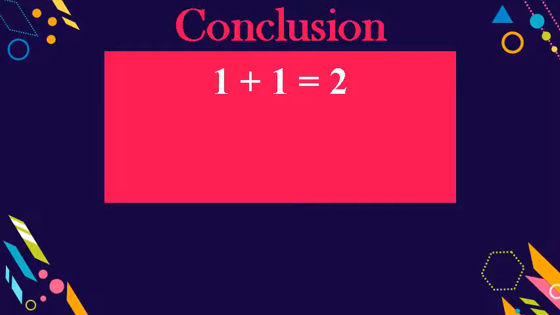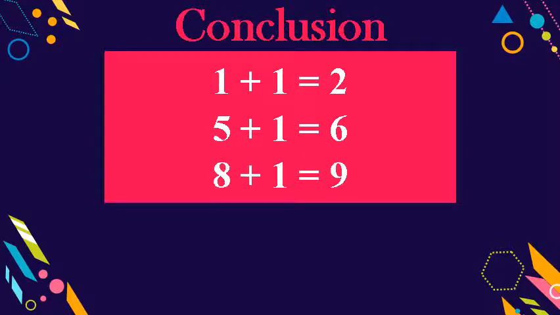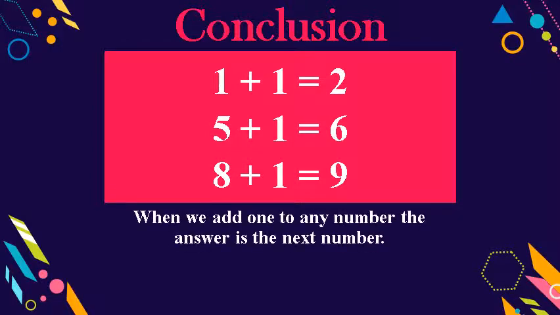Now we see the results. 1 plus 1 equals 2, which comes after 1. 5 plus 1 equals 6, which comes after 5. And 8 plus 1 equals 9, which comes after 8. So we can conclude when we add 1 to any number, the answer is the next number.